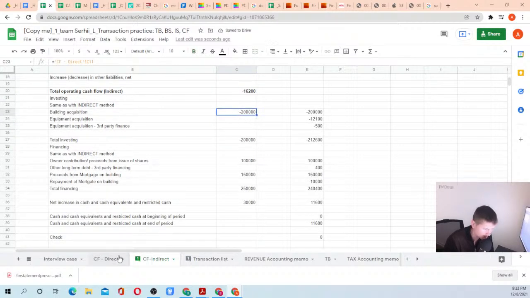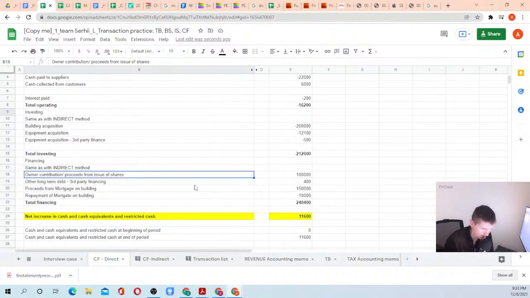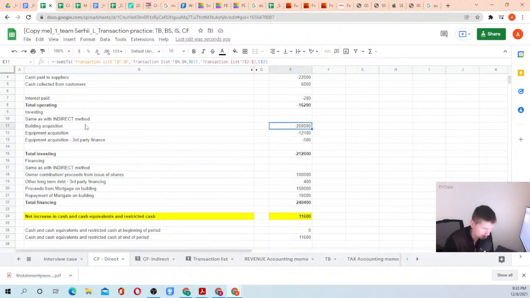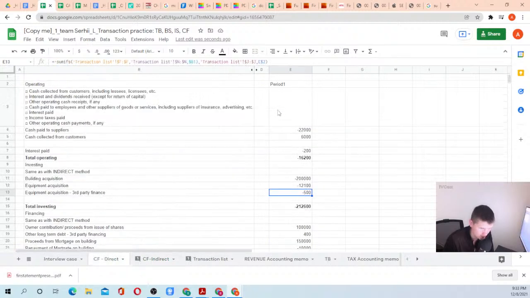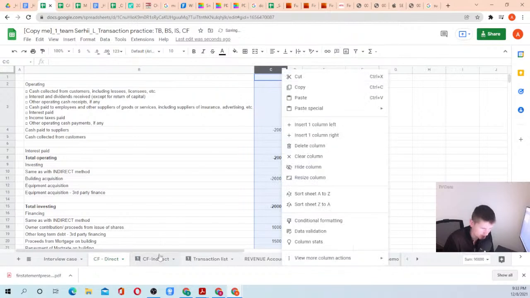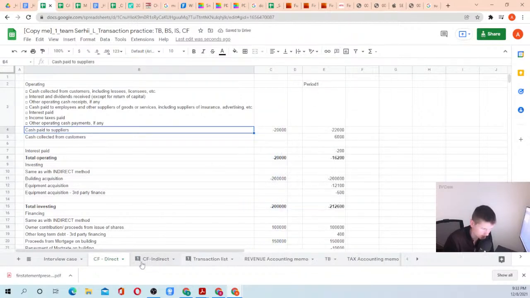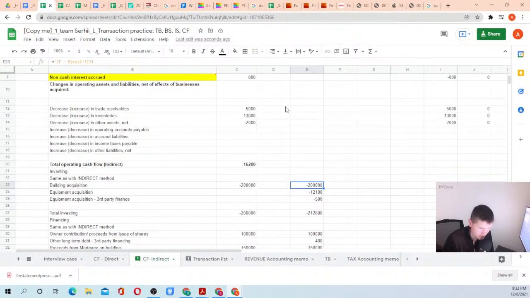Okay, building acquisition. Equipment acquisition and third party. Why am I not getting the numbers? Okay, I see now. So it should go as far as here.